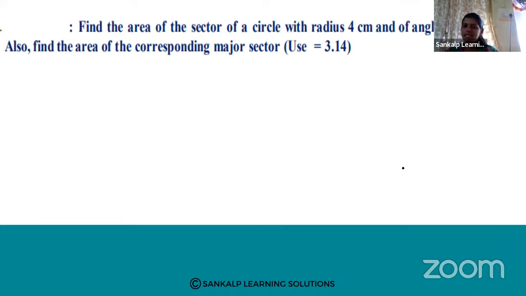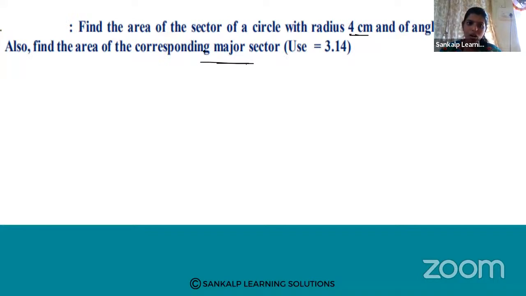Find the area of the sector of a circle with radius 4 centimeter and angle 30 degree. And also find the area of the corresponding major sector. Here the radius is given, and the angle is 30 degree.